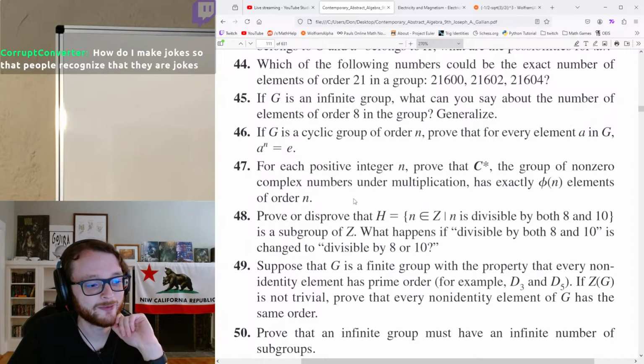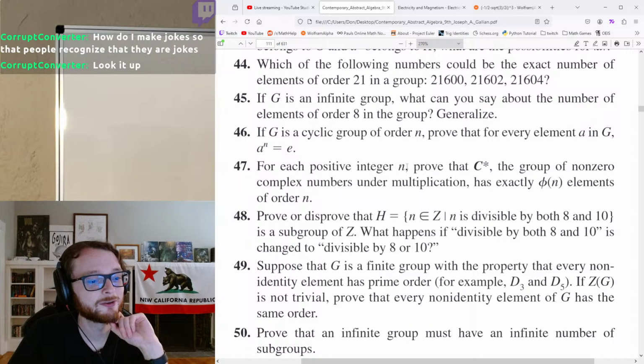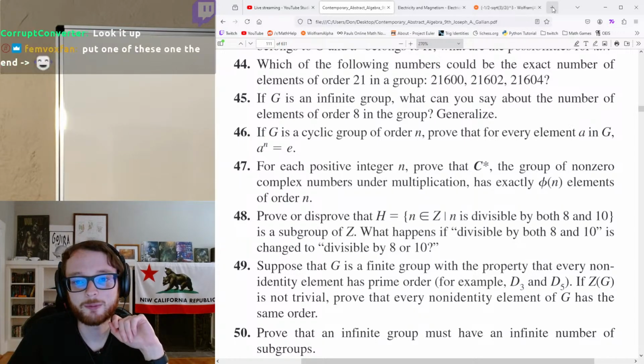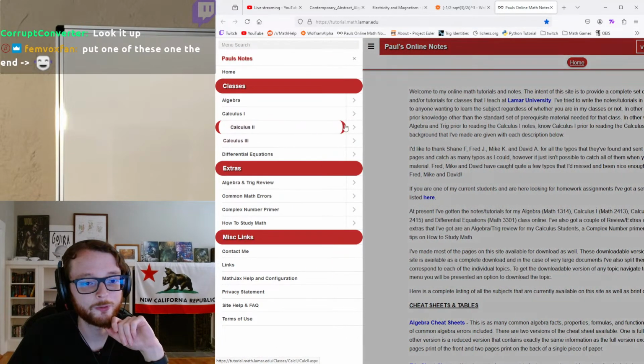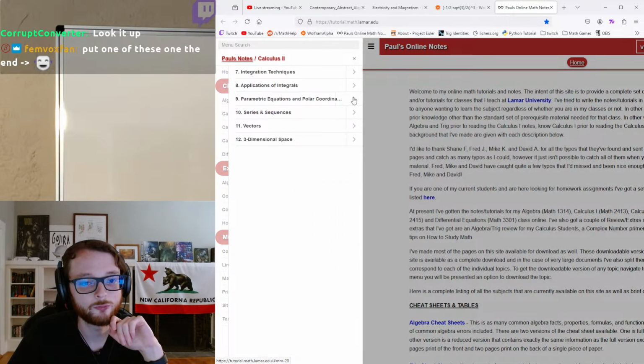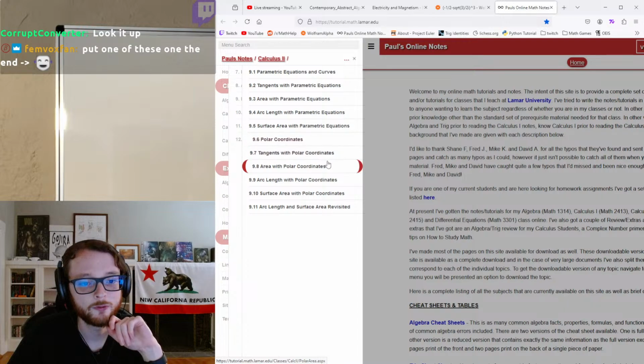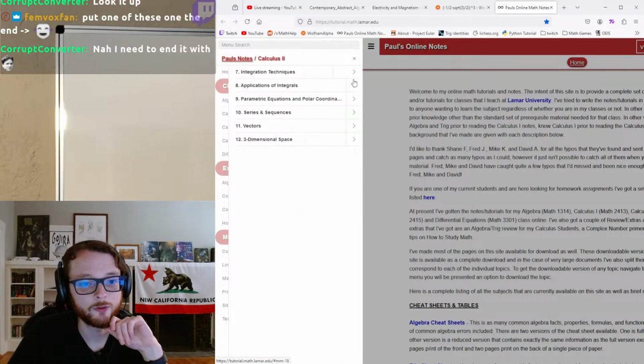Do they show up in classes higher than Calc 2? Well, yes and no. After Calc 2, you don't really get quizzed on those really annoying polar curves. Where would Paul's notes go over it?